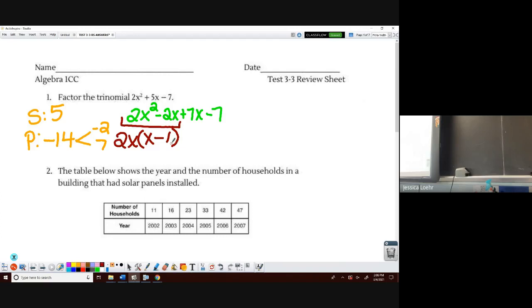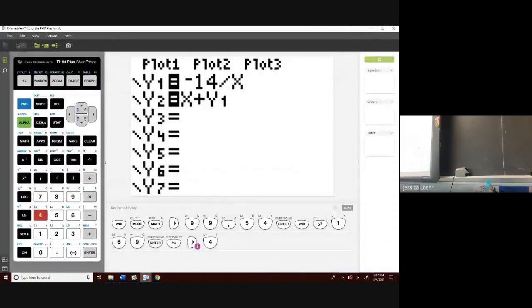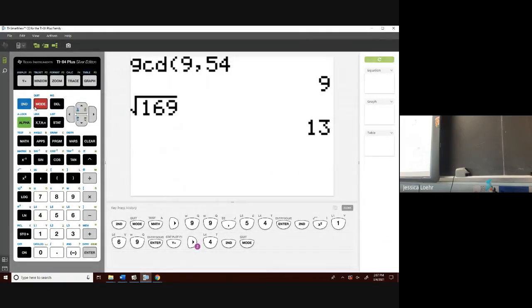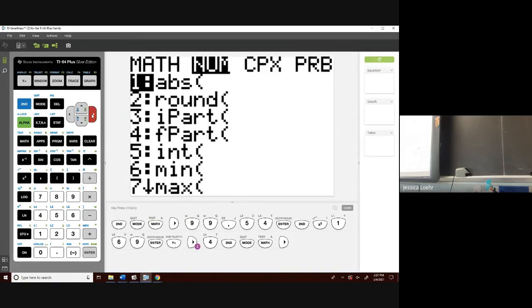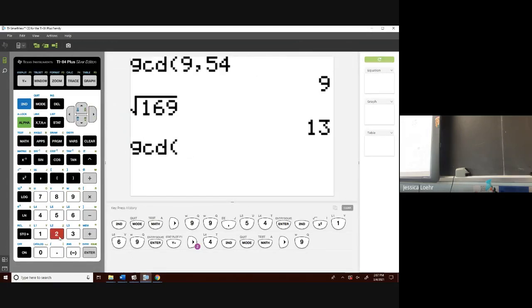So you can find the GCF of 2 and 2, if it's the same number, it's always that number. If it's 2 and 18, you can do it in your calculator. Math, right arrow, 9. And then you plug in 2, 18. The comma's right above the 7.